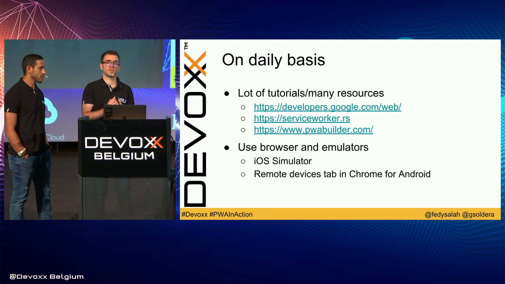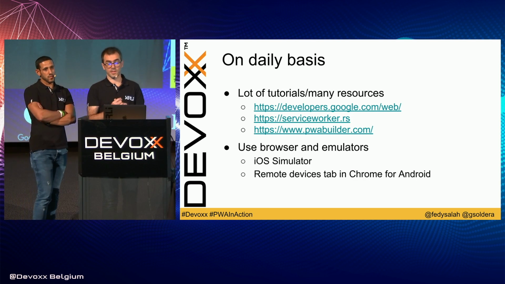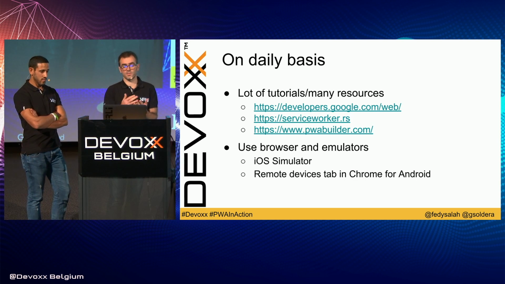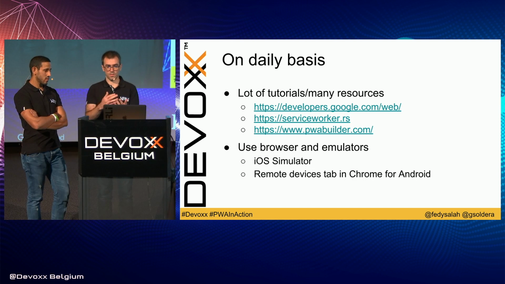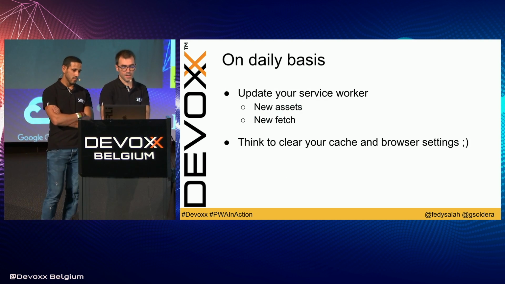When you test your application, test on real devices, not only emulators. You can see how the device behaves with what you have implemented, and you can use the remote devices tab as I said.